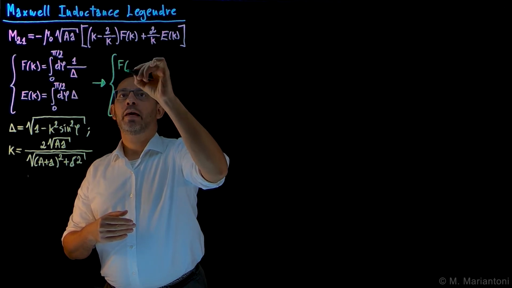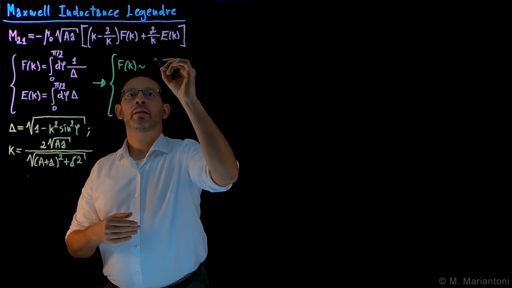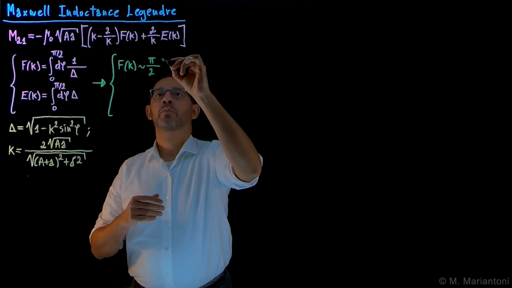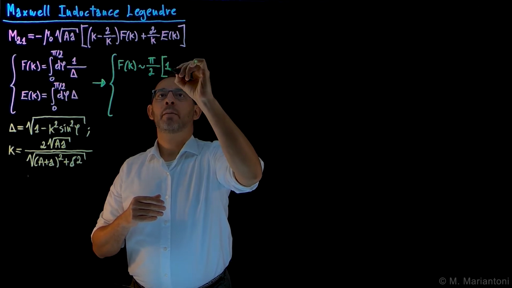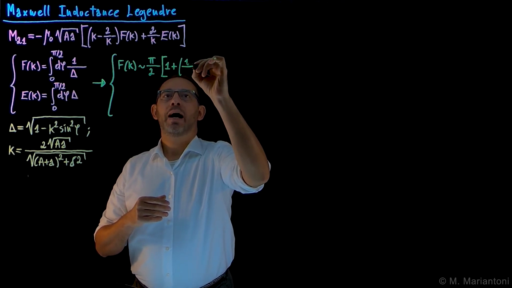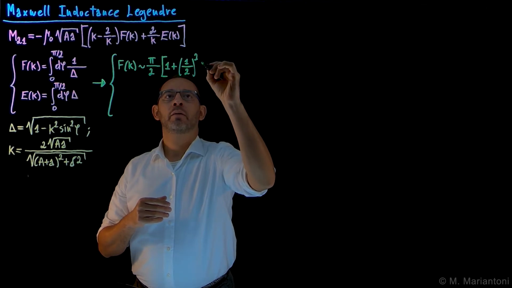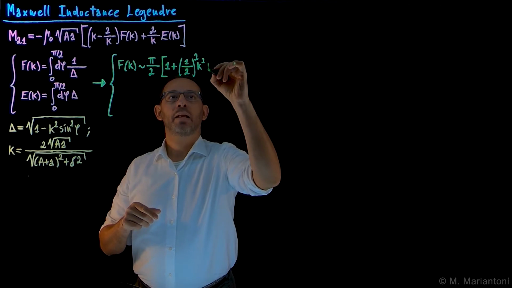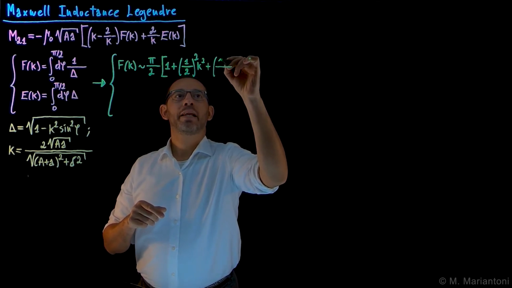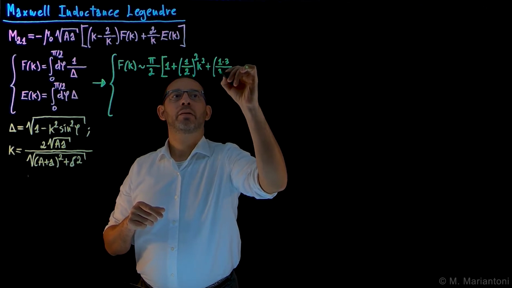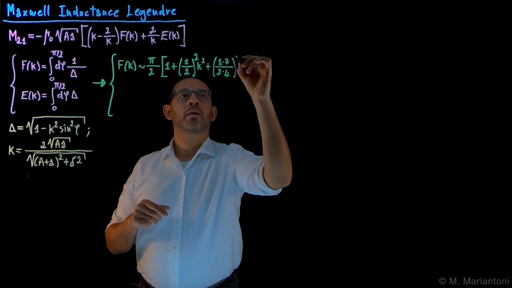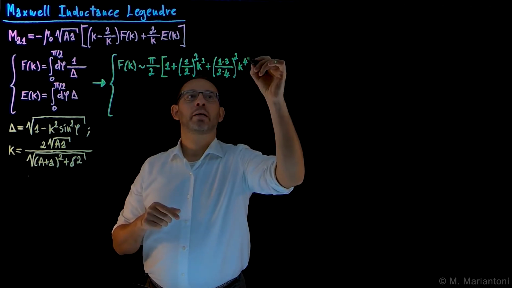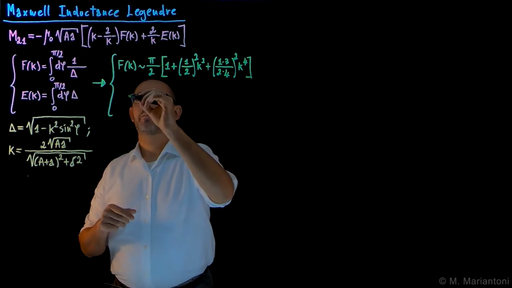F of k is approximately given by pi half, this is the one you find typically, times 1 plus (1/2) quantity squared times k squared, plus (1 times 3 divided by 2 times 4) squared, k to the power of 4. Other terms, that's why I put the approximate sign there.